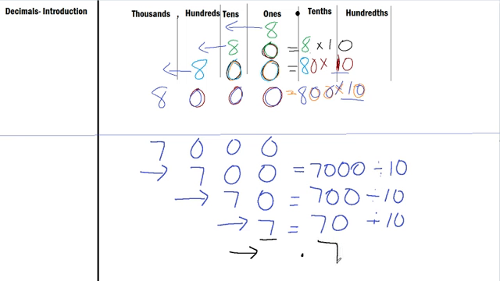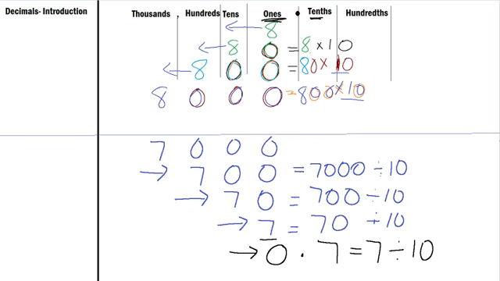I can put a 0 here because there's nothing in the ones place, and now there's a 7 in the 10ths place. What happened there? I took that 7 and divided it by 10. So every time I move a digit to the right one place, I'm taking a number and dividing it by 10.